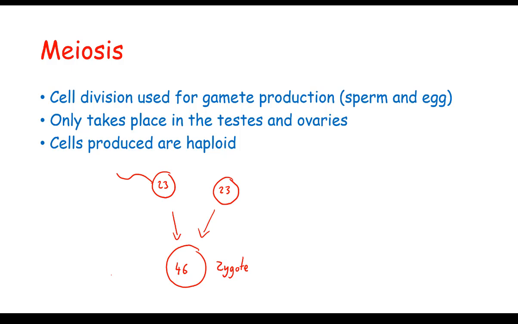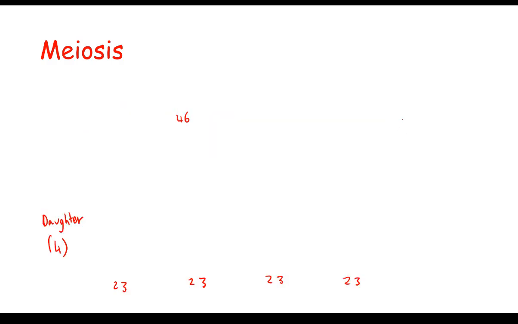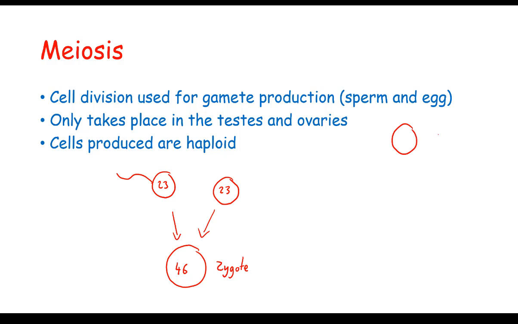So to give a little summary of that, we start off with the parent cell, which has 46 chromosomes. At the end of the first division, we have 2 cells, which have 23 chromosomes each. But because they're double-stranded, there are 46 chromatids.